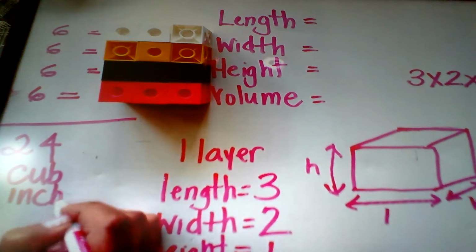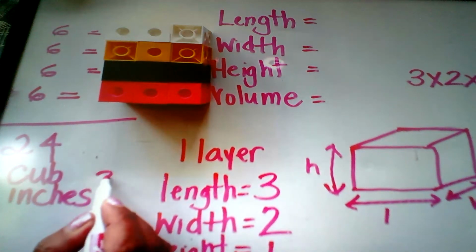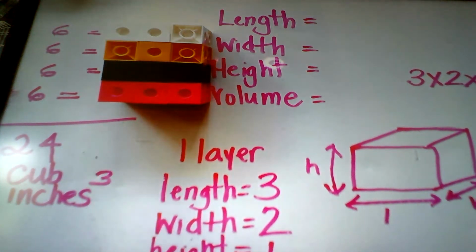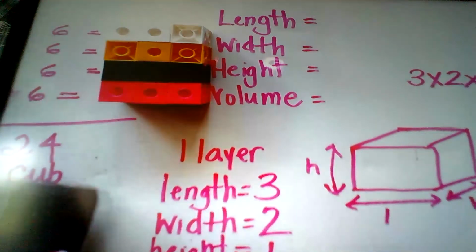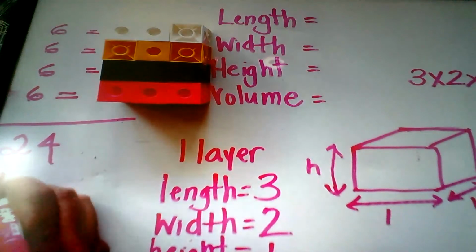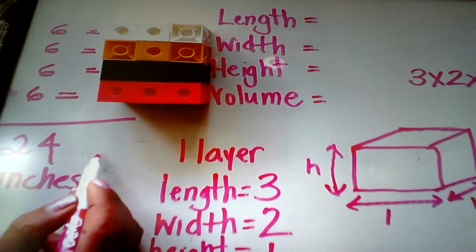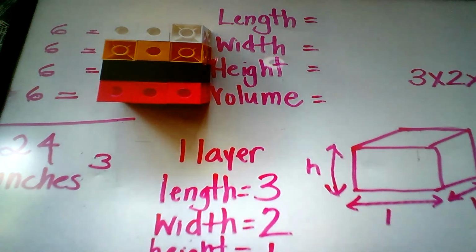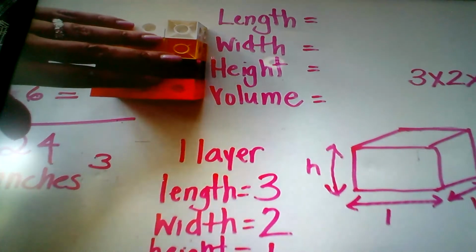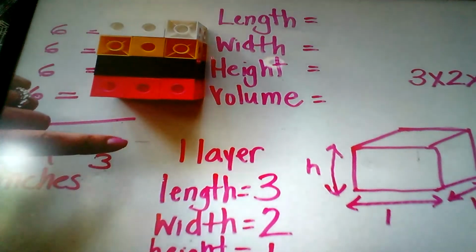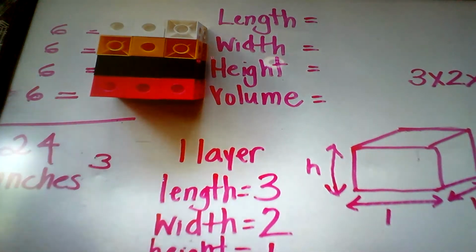Sorry, cubed. Okay, so 24 cubic inches, or you can write it as 24 inches cubed. So the entire volume of this figure is 24 inches cubed. The cube represents the 3 dimensions of the figure.